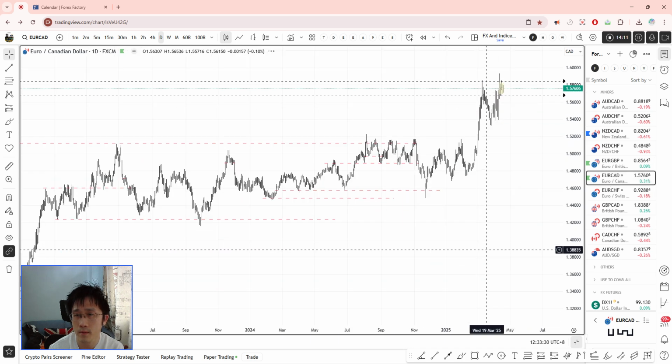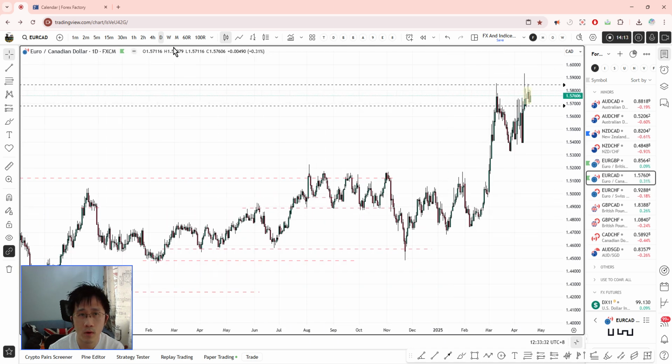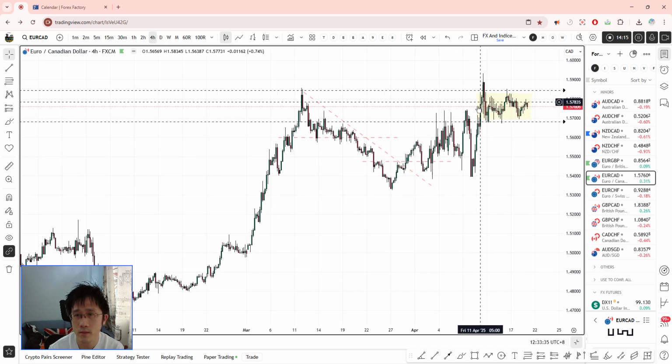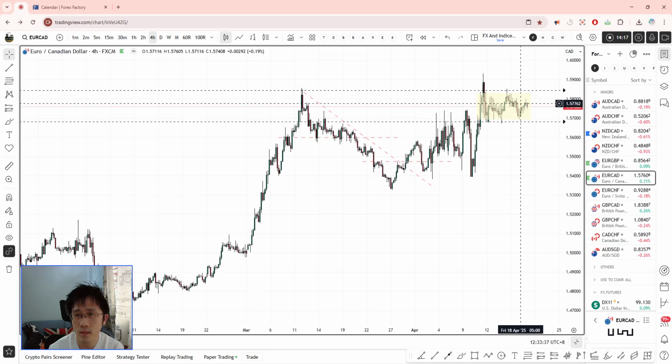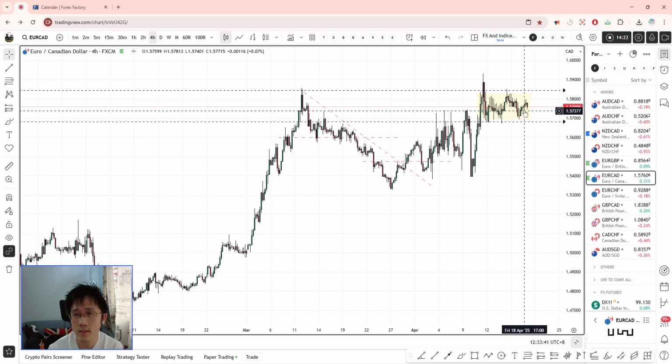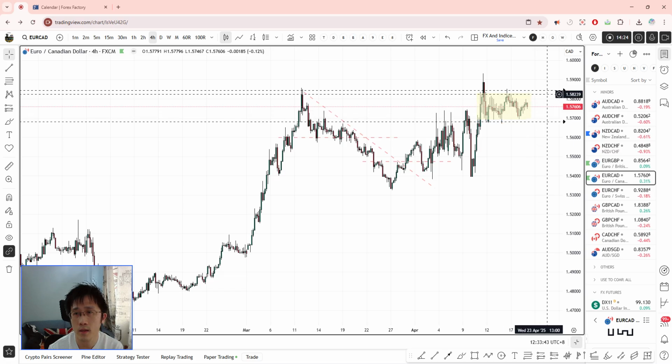The EUR/CAD is a little bit more straightforward, just looking for this consolidation. Maybe you want to have a long if this is going to hold, and then test to see if it's going to come to this high again.